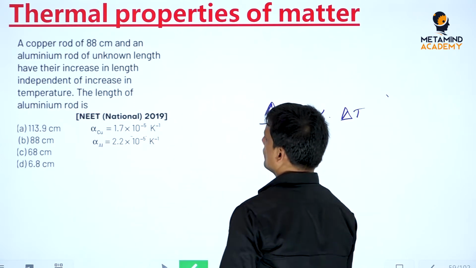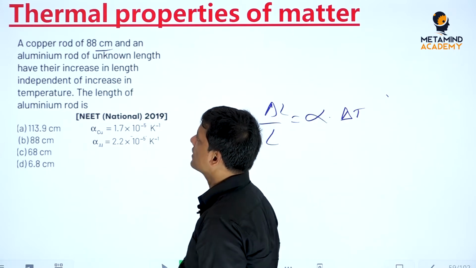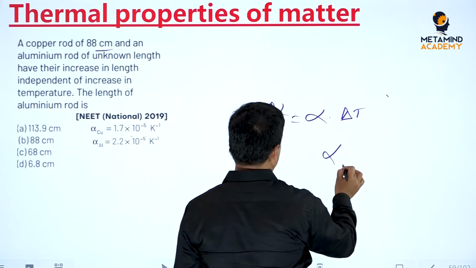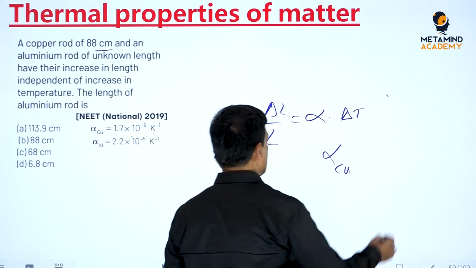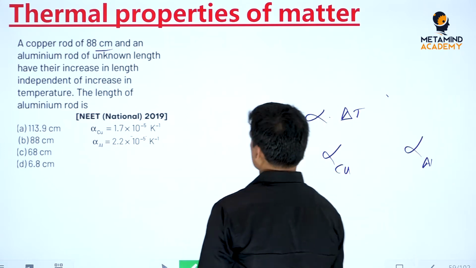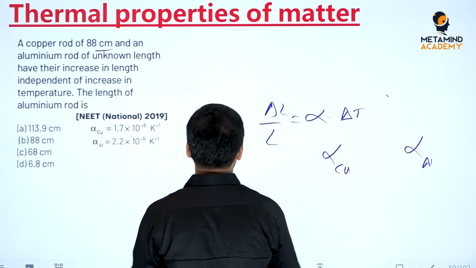Now what is being told here is, the copper rod has length 88 centimeter and the aluminium rod you don't know. So for the copper rod you will have alpha Cu, the coefficient of copper, and you will have alpha Al. Their increase in length is independent of increase in temperature.